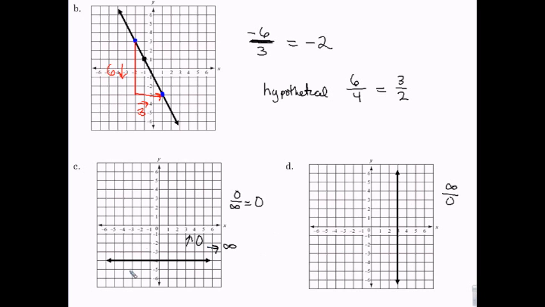So if you have a flat line, slope equals 0. If you have an up and down line, or, you know, if I use the technical terms, horizontal versus vertical, but up and down, slope is undefined.